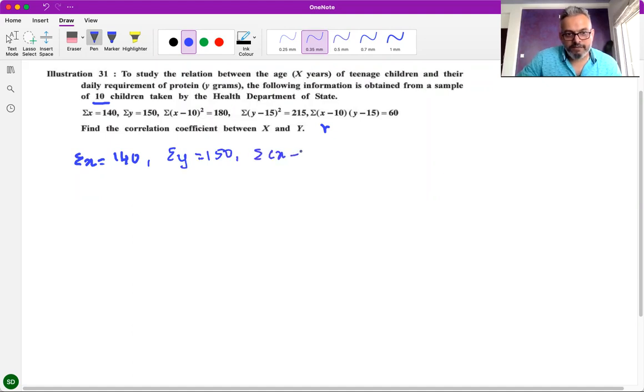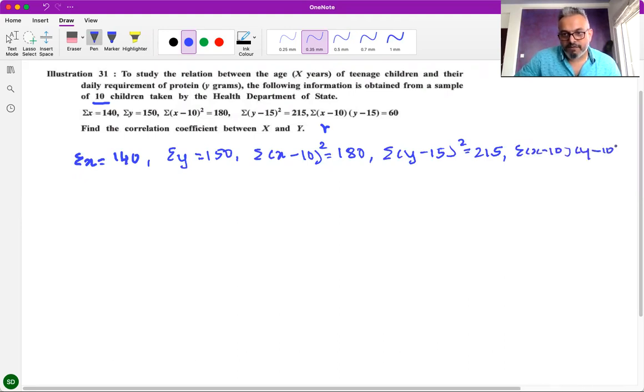Sigma x minus 10 the whole square is equal to 180. Sigma y minus 15 the whole square is 215. And sigma x minus 10 y minus 15 is equal to 60.